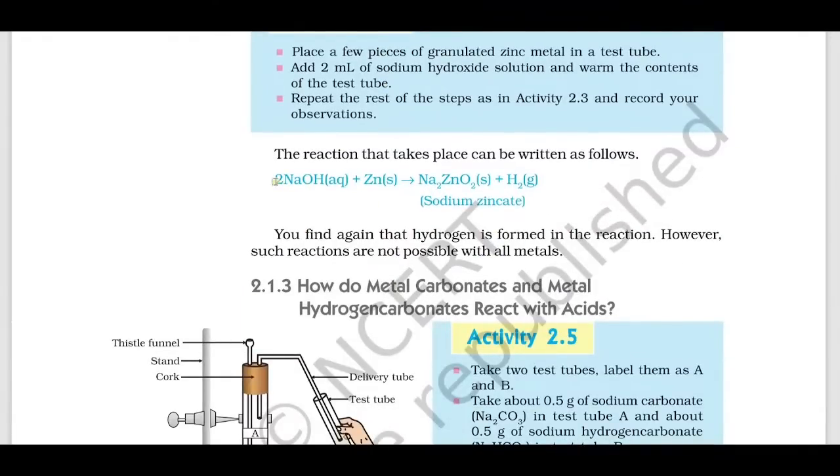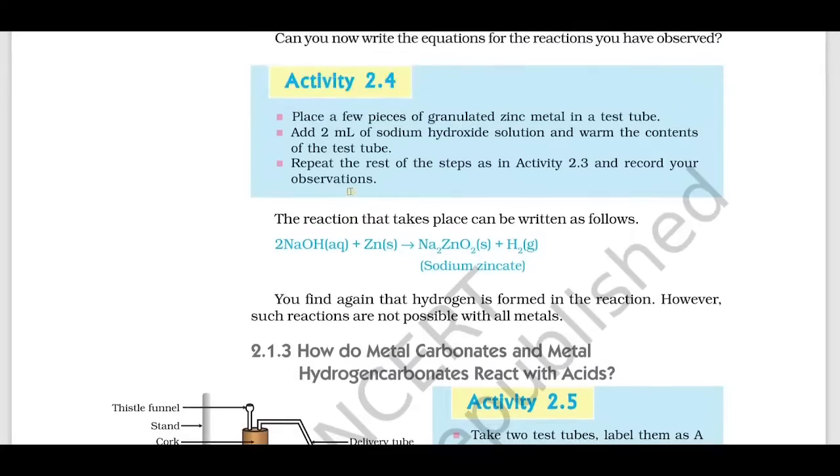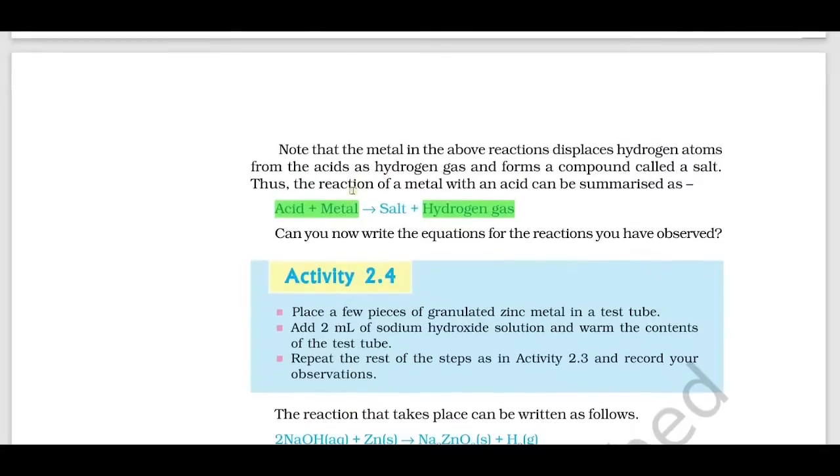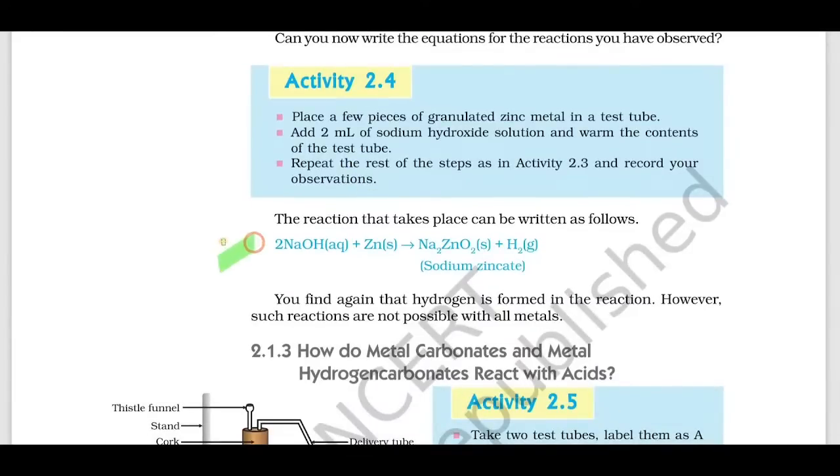The reaction of zinc with sodium hydroxide gives what? Sodium zincate. Please write down the reaction in a notebook. One more question can be asked like this: the reaction of zinc with the base sodium hydroxide gives what?